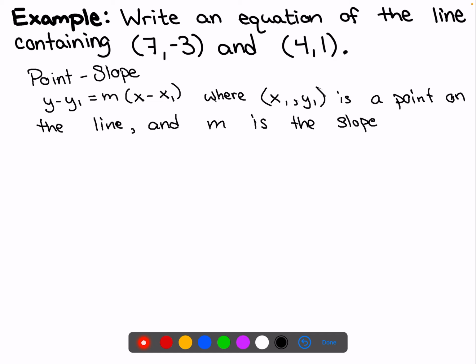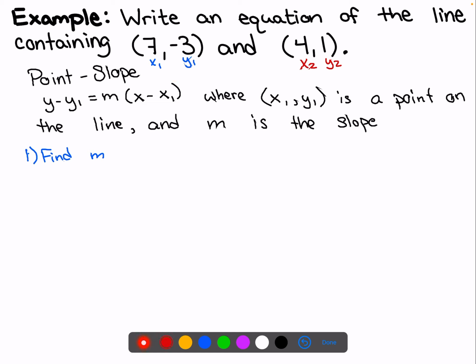So, the first thing that we need to do is find slope. Well, to do that, I'm just going to go ahead and label this as (x1, y1), this other point as (x2, y2). And again, it doesn't matter which one gets 1 or which one gets 2, as long as they're grouped together. So (x1, y1) needs to be together, (x2, y2) needs to be together.